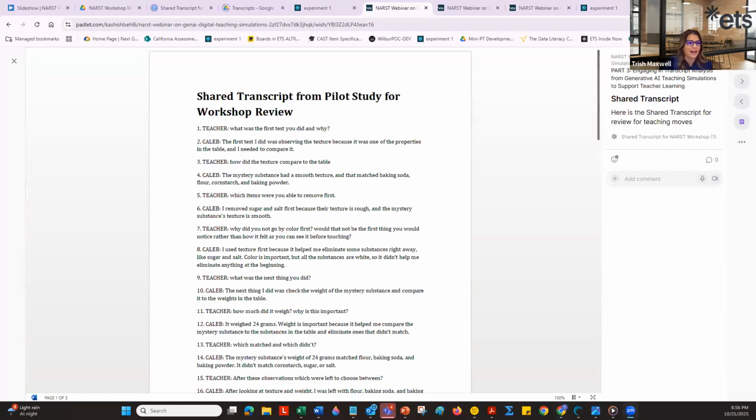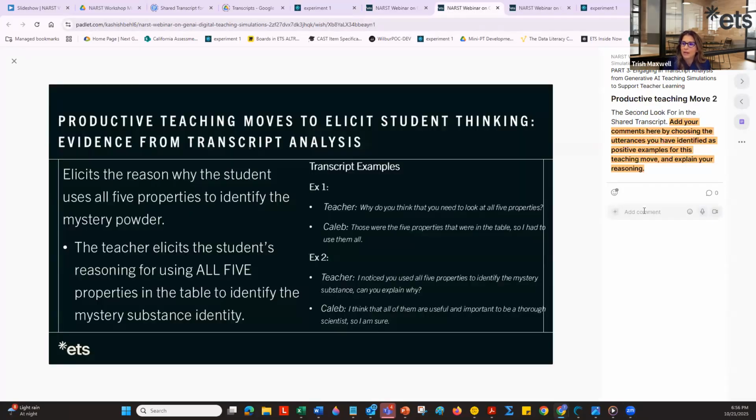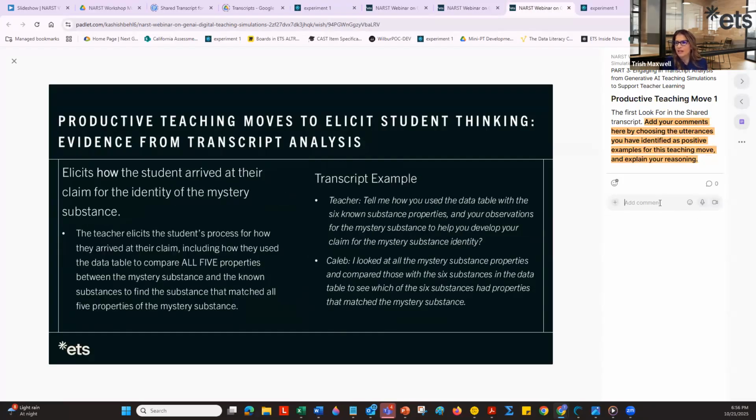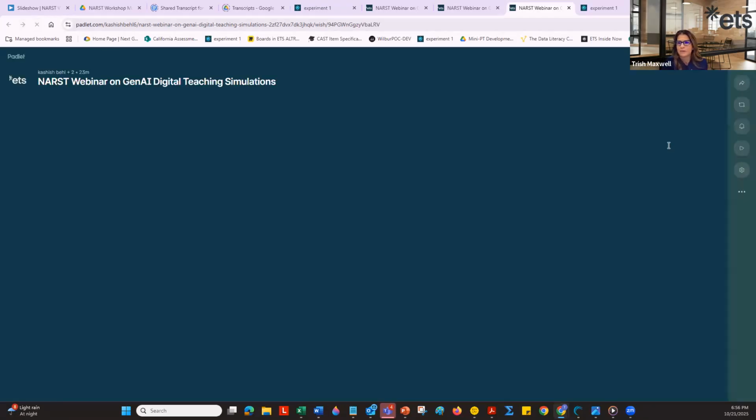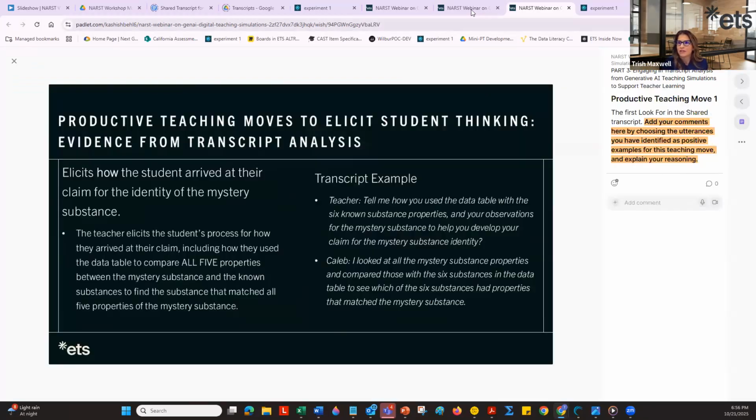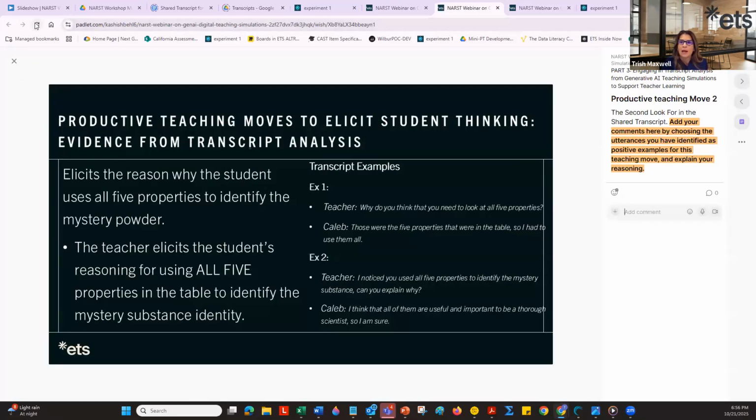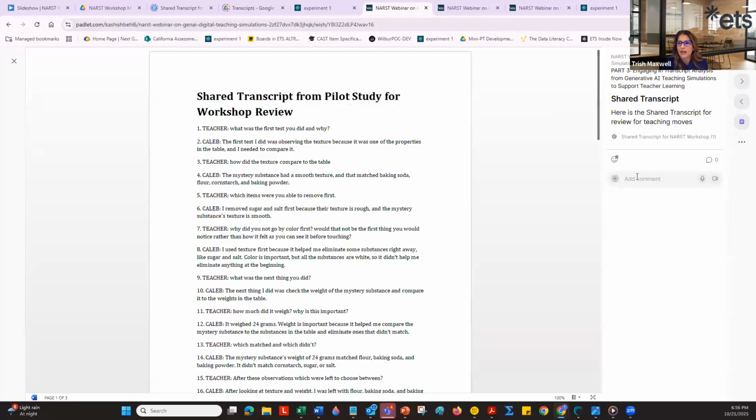All right. It doesn't look like anybody else wants to add. When I look at the comments, I haven't been able to see if anybody has added any comments yet. I will hit refresh just in case. But I understand that you may have needed a little bit more time to do some thinking, and that's okay.